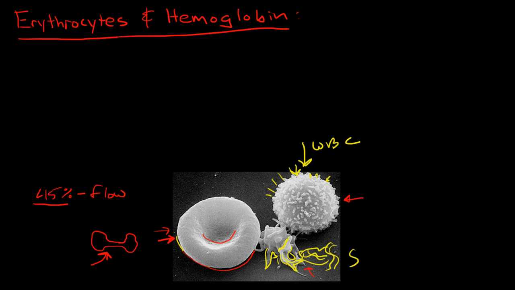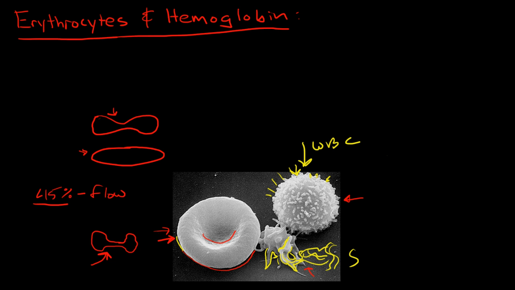So it is designed for good fluid or flow dynamics. Now also, if you just had a regular disc like this, you can see that it has less surface area than if it is a biconcave disc. So we have more surface area on the biconcave disc.